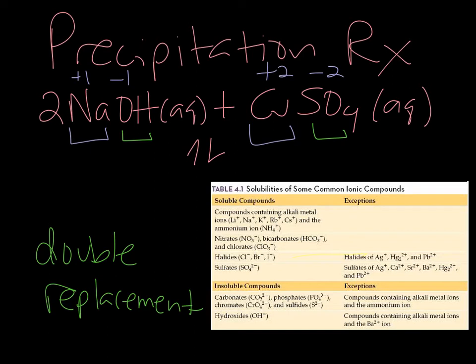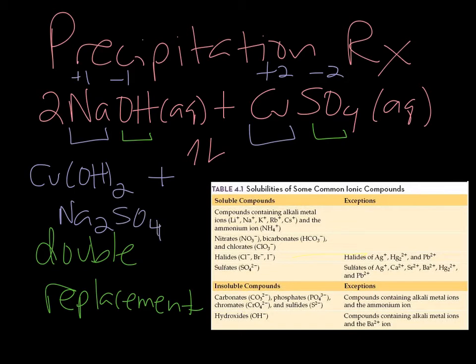So the product is going to be copper hydroxide, and we don't know yet if that's a solid or a liquid. We're going to have to look it up, plus sodium sulfate. So the copper being +2 has to have two hydroxides with it in the product, and the sodium being +1, there has to be two of them with the sulfate, since the sulfate is a -2 compound.